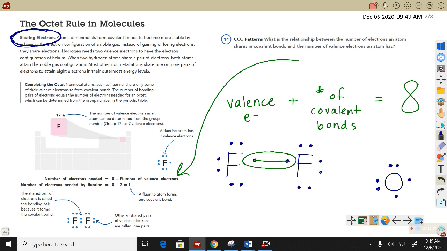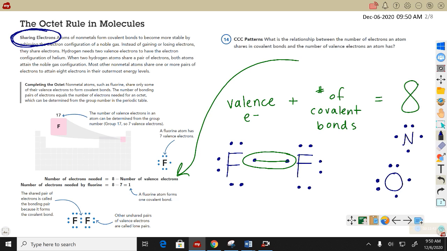If I'm in the nitrogen family, the nitrogen family has 5 valence electrons. There'll be 2 pairs and 1, 2, 3 singles. We'll draw these dots a lot more. We're going to draw a ton of dot structures, in fact. But now I can see that if I have 5 valence electrons and I want to get to 8, I'm probably going to make 3 covalent bonds. And the bonds are going to occur where I've got single dots or single electrons.